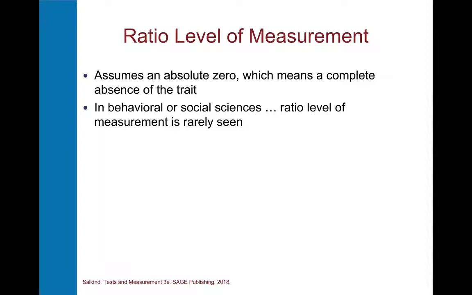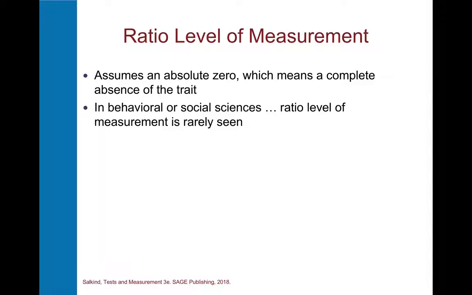Does getting a score of 0 on this spelling test indicate that you have no spelling ability whatsoever? The answer is not necessarily. It just means that on this test, no words were spelled correctly. And so if you want to know if something can be measured on the ratio level of measurement, you have to think about the construct that you want to measure as well.